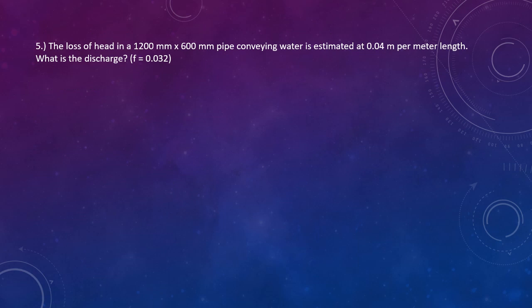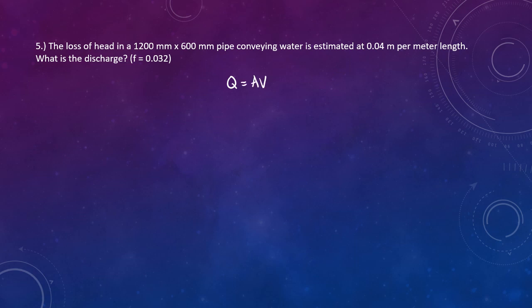The loss of head in a 1200 mm by 600 mm pipe conveying water is estimated at 0.04 meter per meter length. What is the discharge? f is equal to 0.032. Discharge Q is equal to AV.